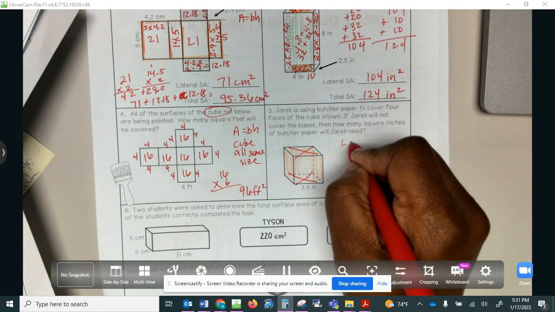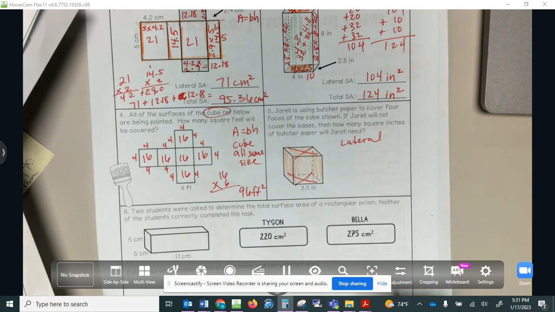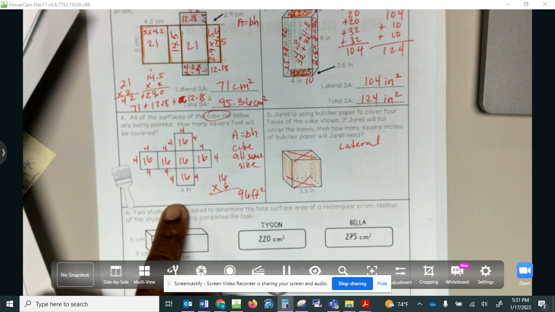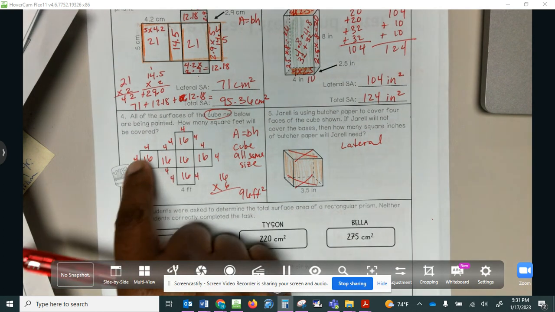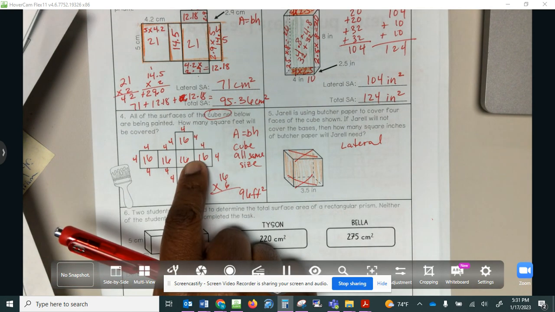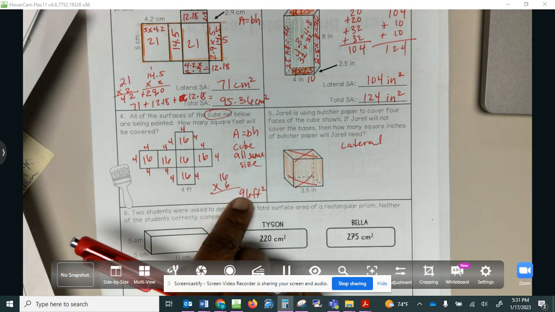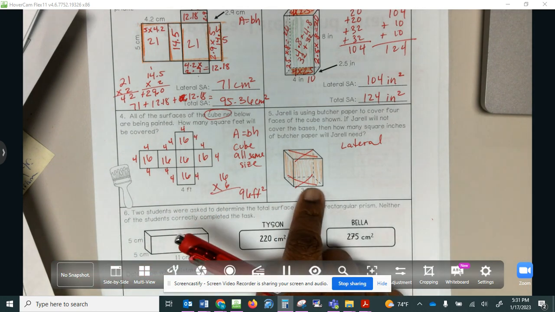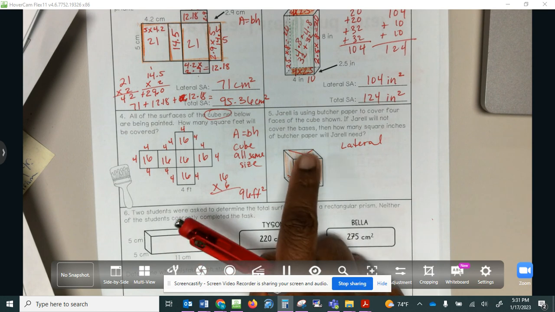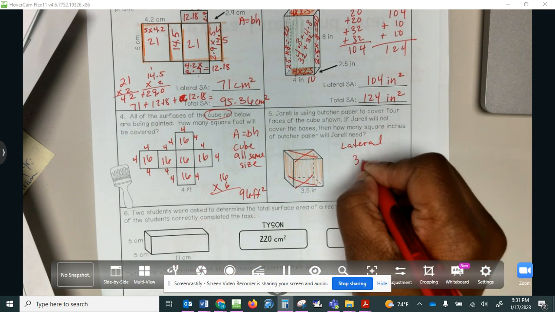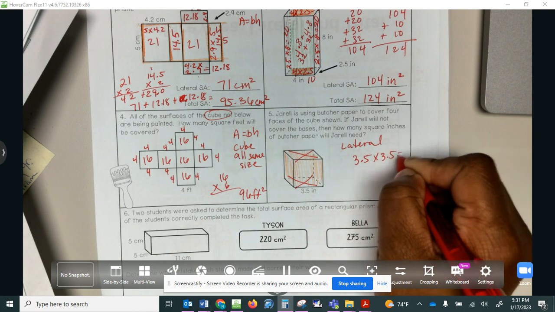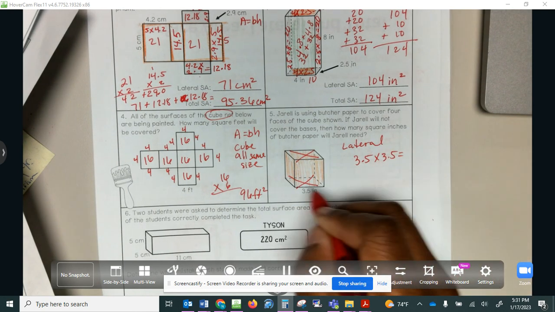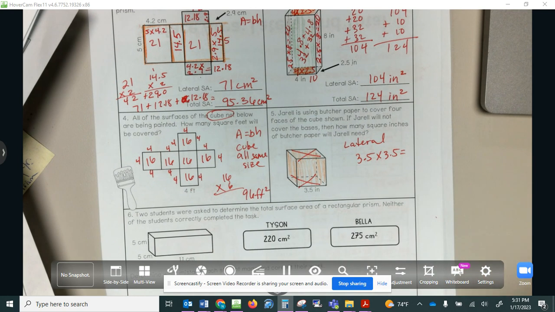All right, so this should be lateral. And what I noticed here was that if I did 4 times 4, which is 16, and multiplied that by all the sides, because this was total, I got 96. So if this is still 6 sides, but I'm not including the bases, that just means I'm really saying 3.5 times 3.5. And whatever I get here, I'm going to multiply that by 4 sides.